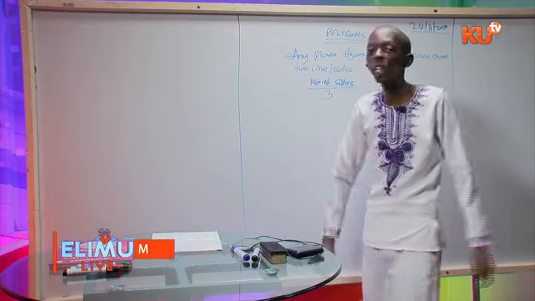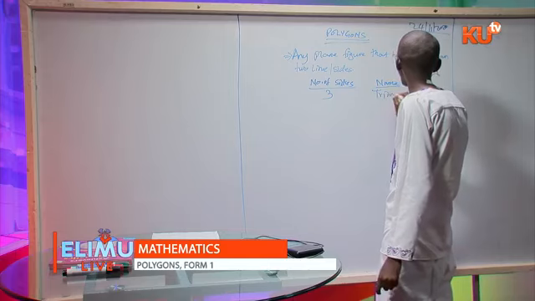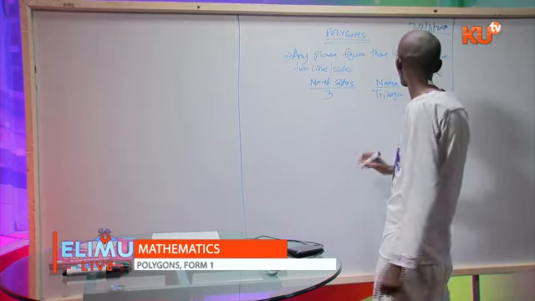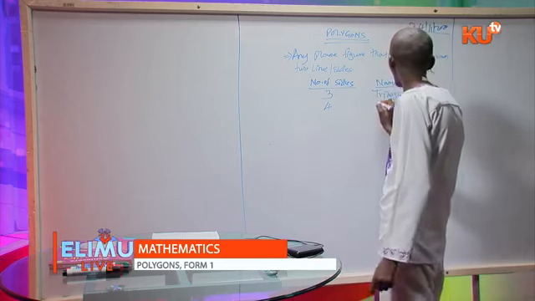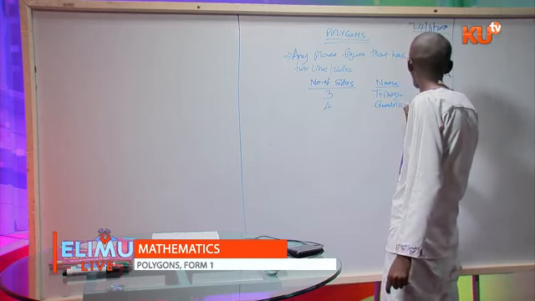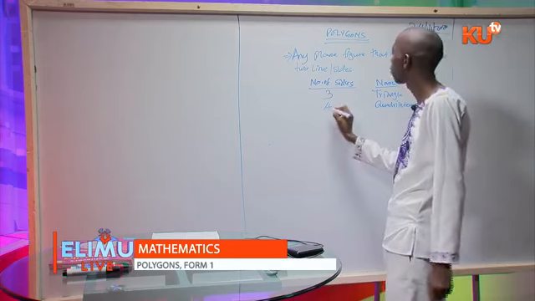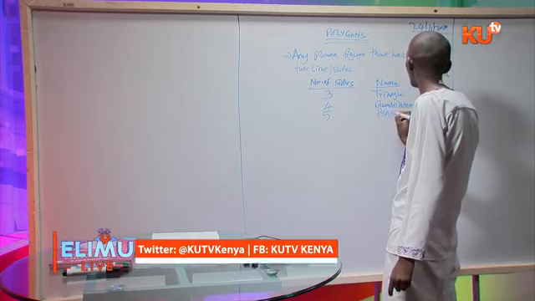A three-sided polygon is known as a triangle. A four-sided polygon is known as a quadrilateral. A five-sided polygon is known as a pentagon.